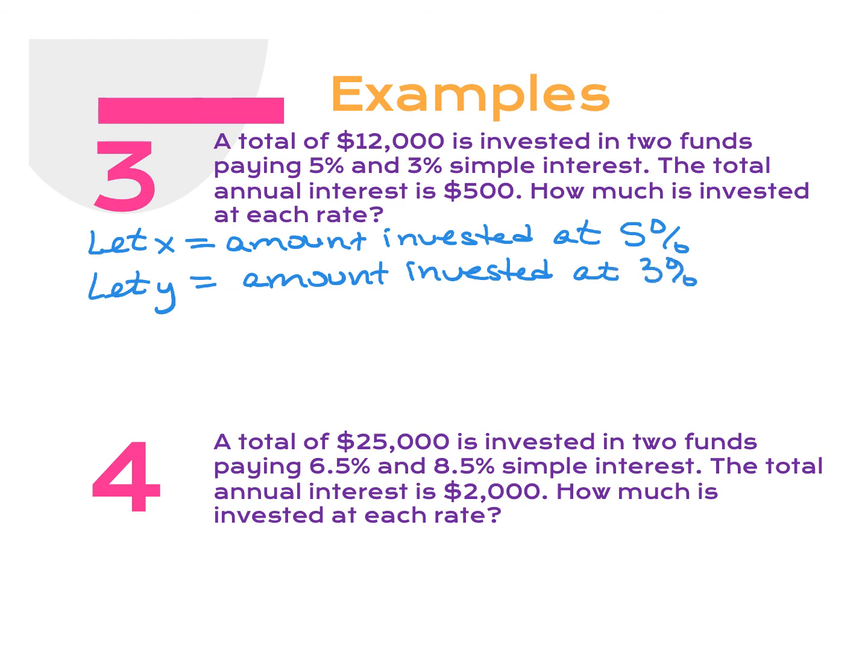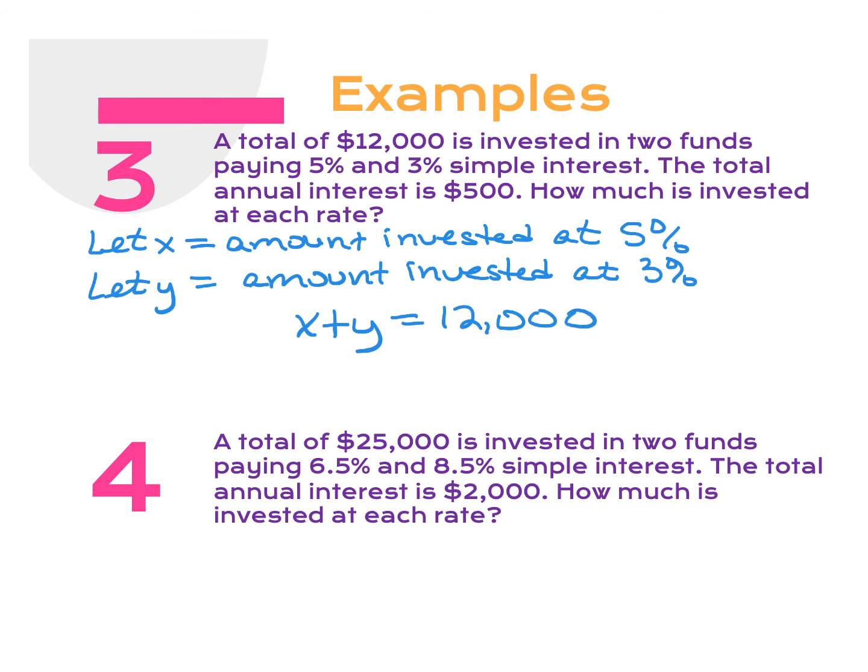Now, when I go to set up my system, I'm going to have an equation for the amount of money that's being invested, and then I'm going to have my second equation for the interest amount. So I know that some amount was invested at 5%, and then whatever out of the 12,000 that wasn't invested at 5%, the remaining went at 3%. So I could say x plus y equals 12,000.